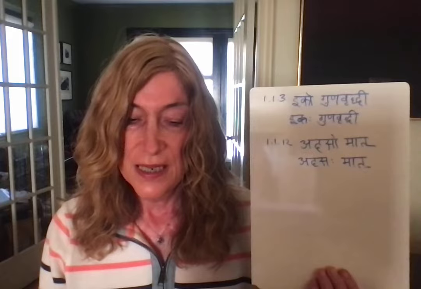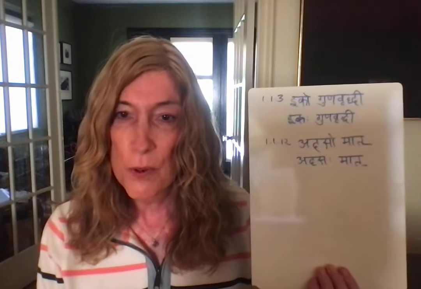As you may remember, the sutra Ikah Gunavriddhi says that when guna and vriddhi are enjoined by another sutra, and they're enjoined with the words guna and vriddhi, as opposed to just naming one of the gunas or vriddhis like a, o, or au, then it is understood that ikah is there also. So it is understood that ikah comes also.